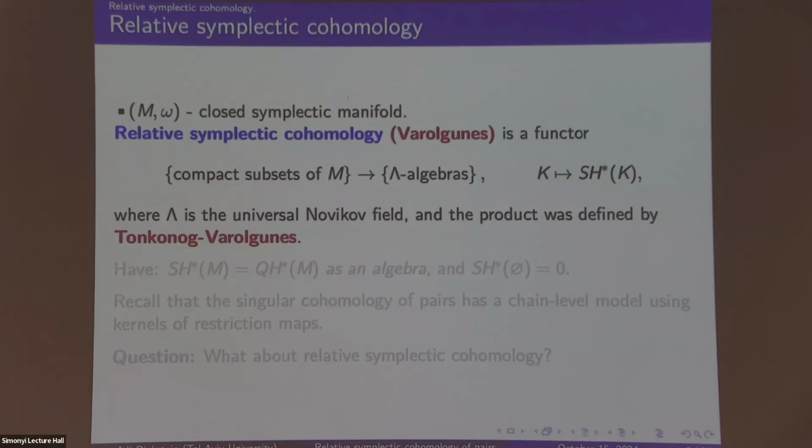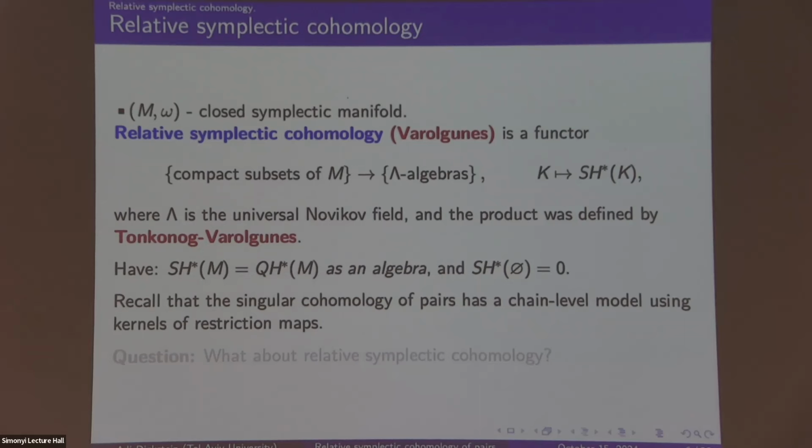The product structure was defined by Tonkonog and Varolgunes. It also satisfies that the relative symplectic cohomology of the whole manifold equals the quantum cohomology as an algebra, so the product is the same as the quantum product, and the relative symplectic cohomology of the empty set is 0.